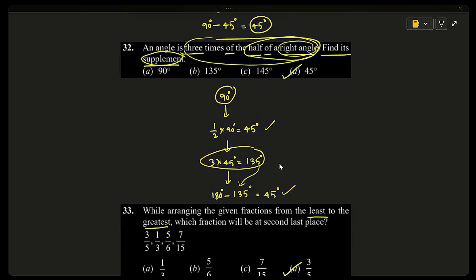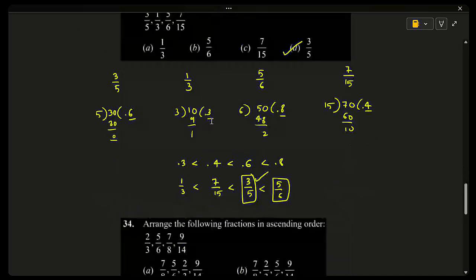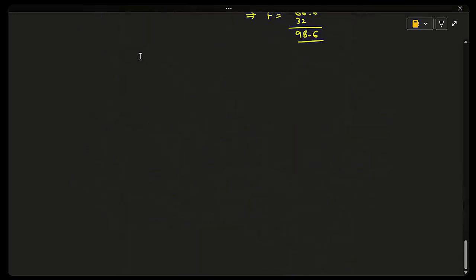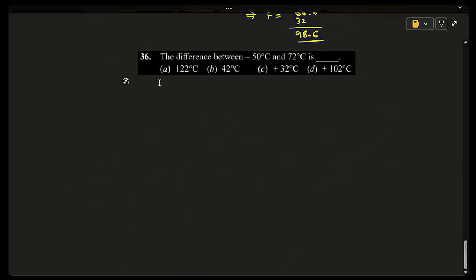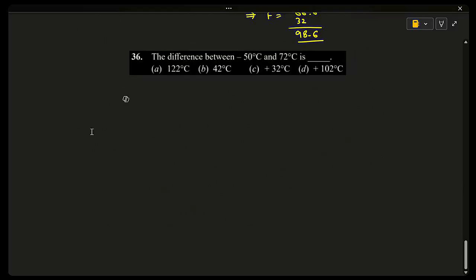So now the 36th one: the difference between minus 50 degrees Celsius and 72 degrees Celsius. Students, always remember the difference as a definition.